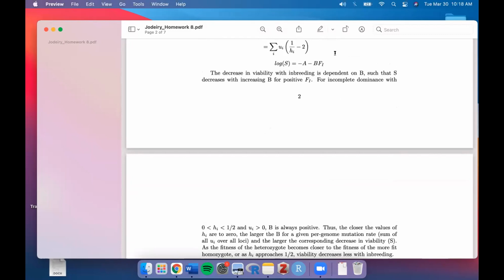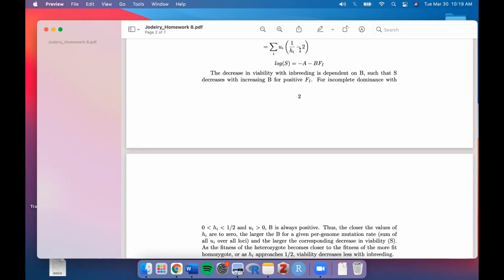So what you can see here is that for a constant value of F_i, this decrease in viability with inbreeding does have a slope of minus B, such that S will decrease as B increases. The textbook mentions that in real populations, you usually have H less than a half. So for the case of incomplete dominance with H between 0 and a half and a positive mutation rate, you get B that is always positive.